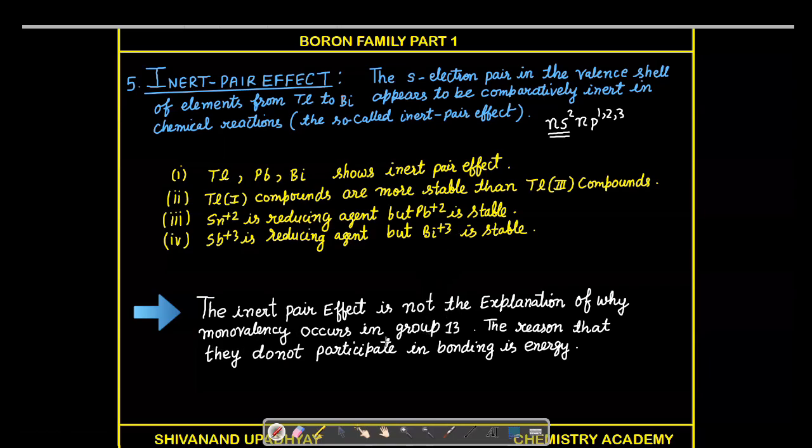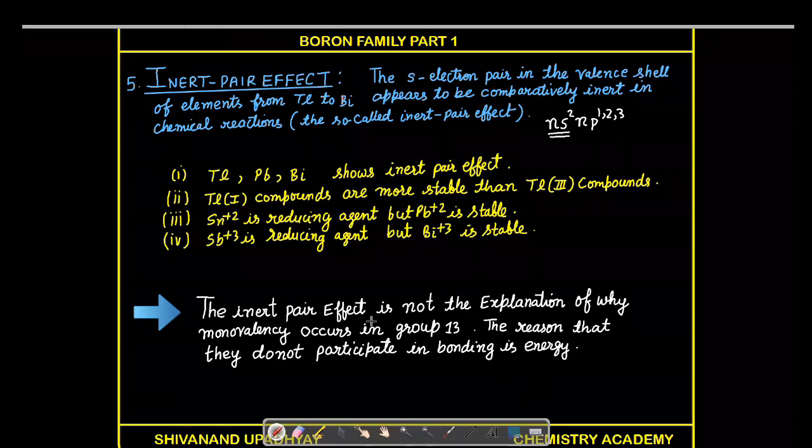The reason is that they do not participate in bonding because of energy. If they were to participate in bonding, energy would be required for that. If energy is not sufficient, they will remain inert and exist in the form of a pair. So the actual reason is energy, and the phenomenon we call the inert pair effect is because the electrons are not participating in bonding.